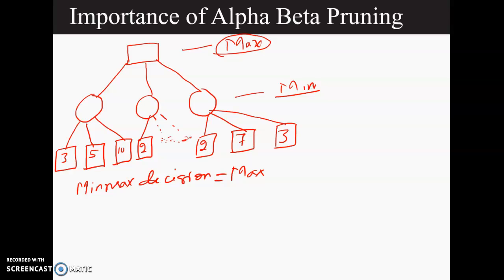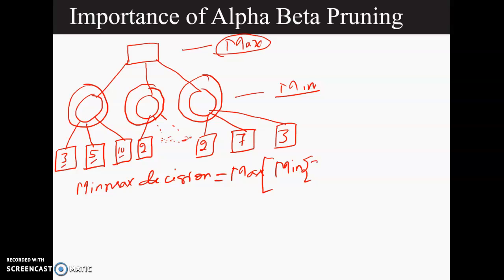So in order to find out the maximum value, what we will do, we will evaluate the minimum value at this node, minimum value at this node, and minimum value at this node. So for the first node, the minimum value will be from 3, 5 and 10. So I will take 3, 5 and 10.